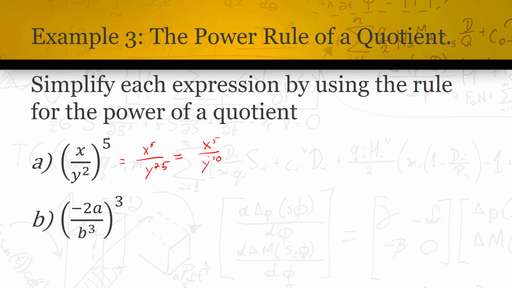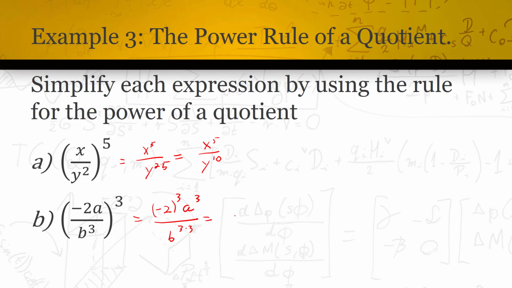Next, we have negative 2a over b cubed, the entire thing cubed. So we have 3 bases. One base is negative 2, the next base is a, the third base is b. So that is going to be negative 2 cubed a cubed divided by b cubed, 3 times 3 power.